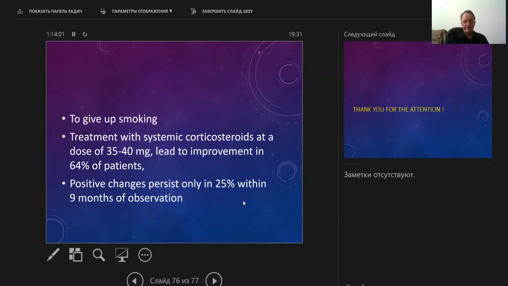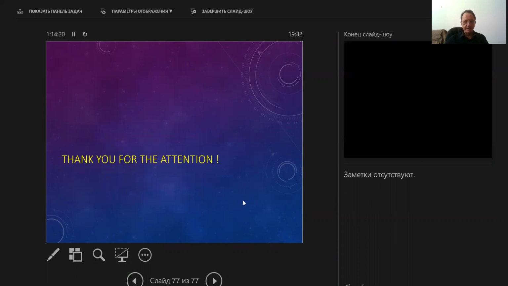Treatment is the same: to give up smoking. Treatment with systemic corticosteroid dosage of up to 40 mg leads to improvement in 64% of patients. Positive change persists only in 25% within 9 months of observation.